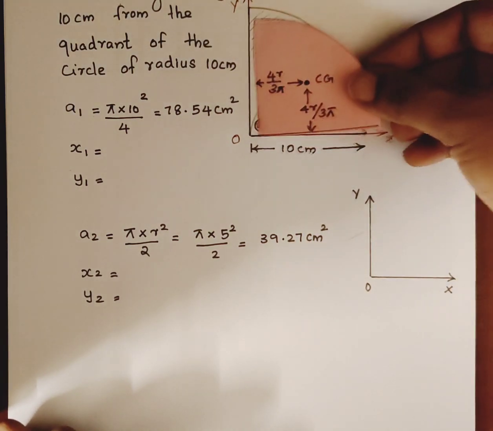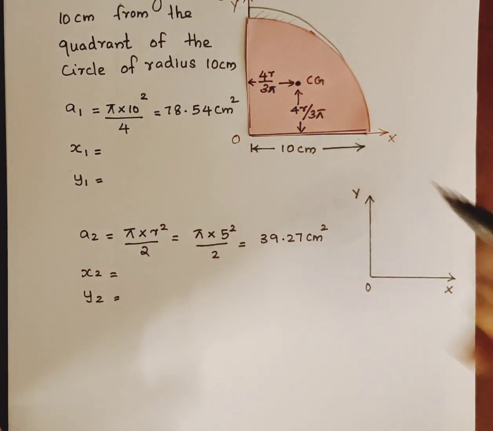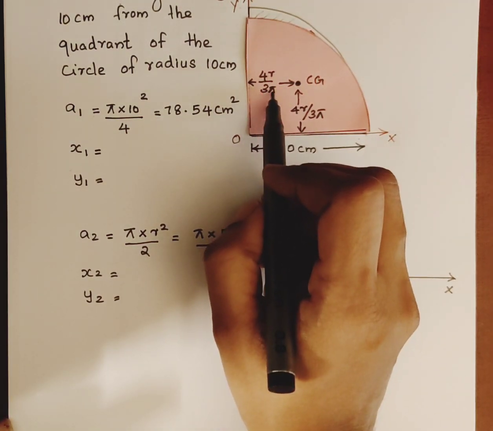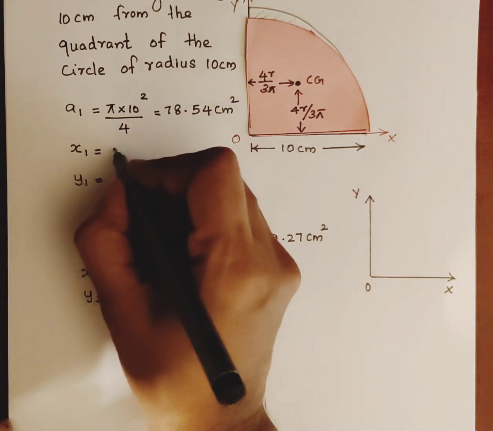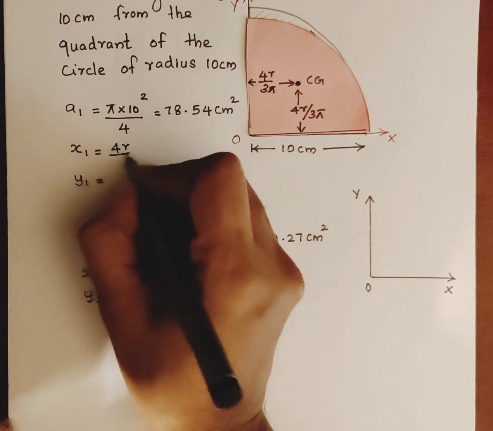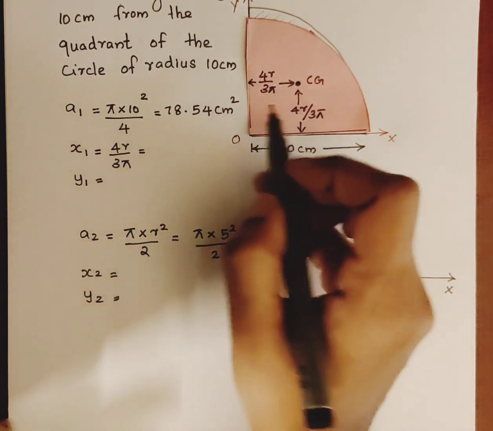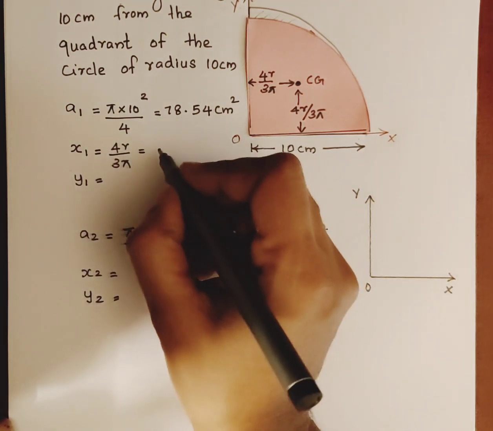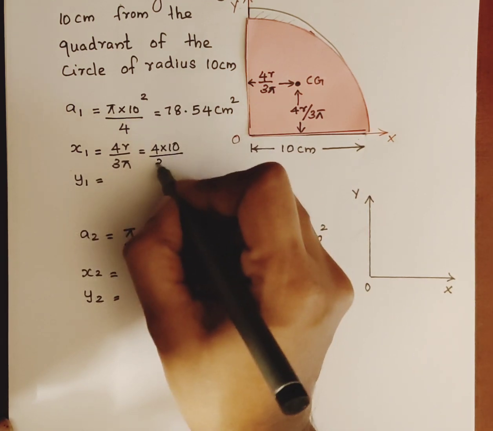So now you can place this quadrant here. So centroid of the quadrant is at a distance x bar is equal to 4r by 3 pi. That is x1 is equal to 4r by 3 pi. So here r is equal to 10. So 4 into 10 by 3 pi.